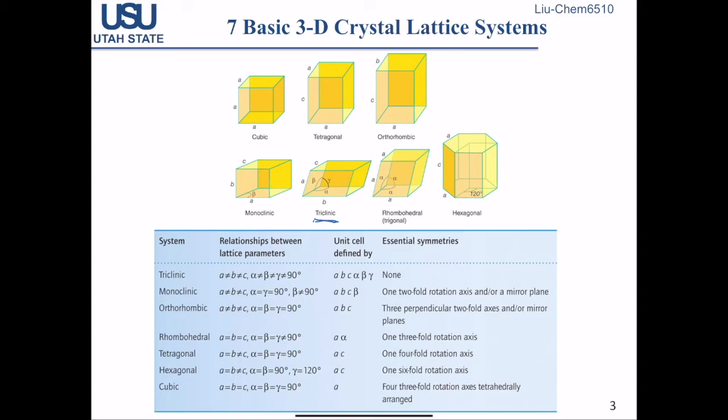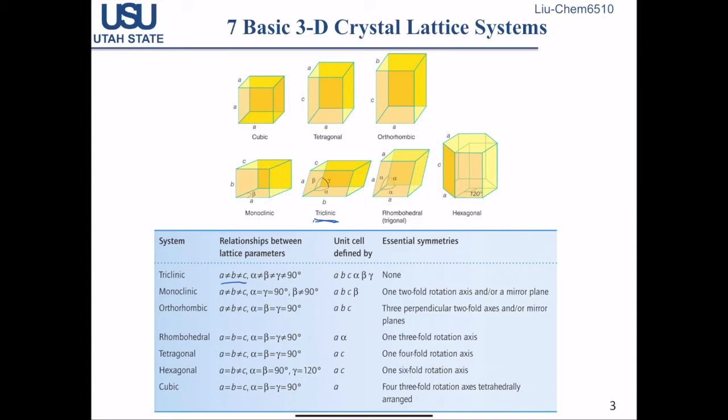These are the dimensions in three directions for this unit cell, a, b, and c, and they are not equal. We also use the angles between the sides to define the unit cell.